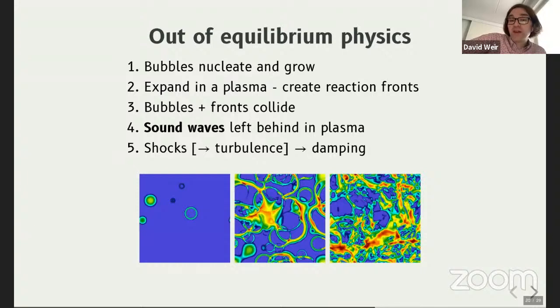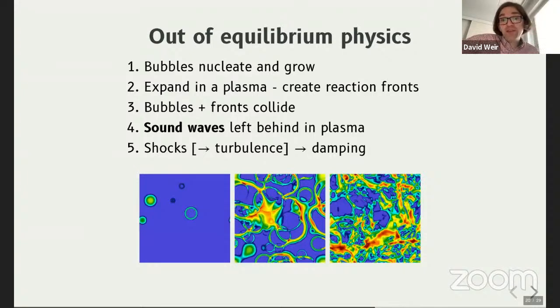And then after the collisions have completed, if they complete, we saw some droplets at the start, and we'll be coming back to the droplets in just a few slides. Presuming that they complete and everything goes smoothly, then you have sound waves left behind, which source gravitational waves quite linearly and quite happily and quite sedately for a while.